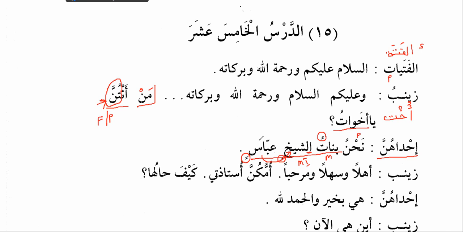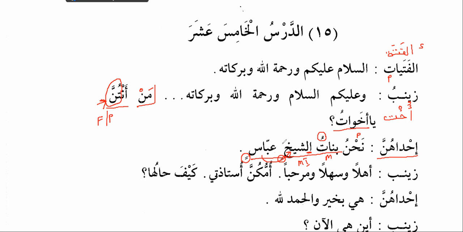But one may ask, what is a badal? I'm not going to explain it now because this is just the beginning of the grammar, so I'm not going to discuss the badal in detail. I'll just explain it briefly. Badal means a word used instead of.